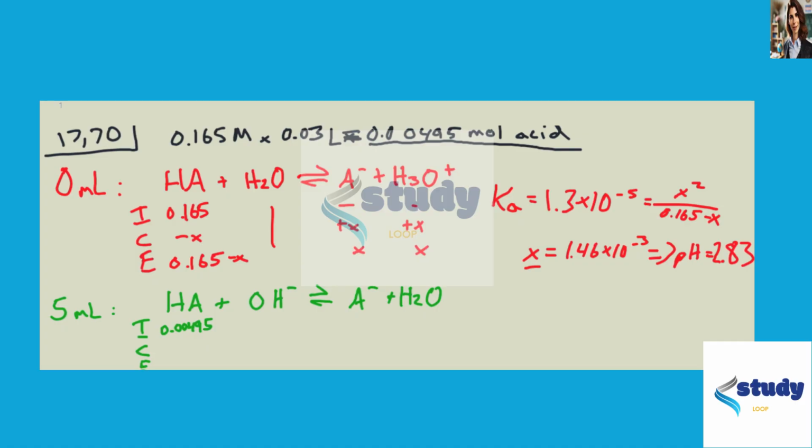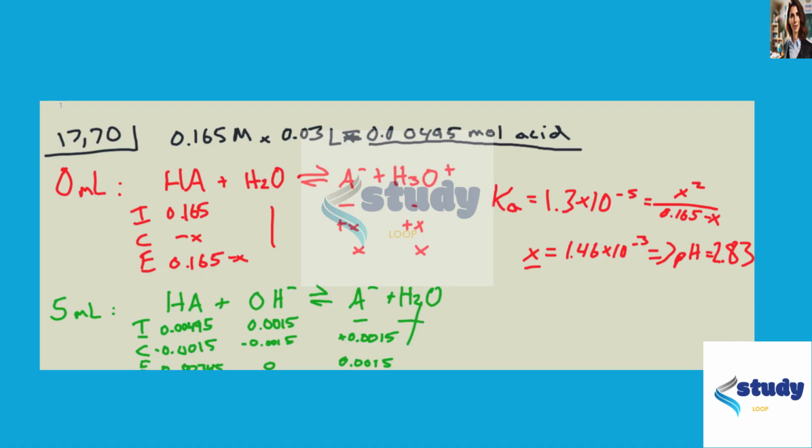Our initial moles of hydroxide will be from multiplying the volume, 5 milliliters times the concentration to get 0.0015, and then no initial A minus. So we subtract 0.0015 from the left, and on the right we add 0.0015, and our equilibrium will be 0.00345, 0, and 0.0015.